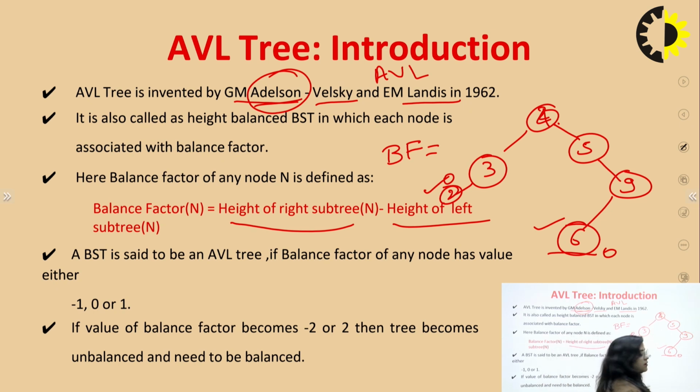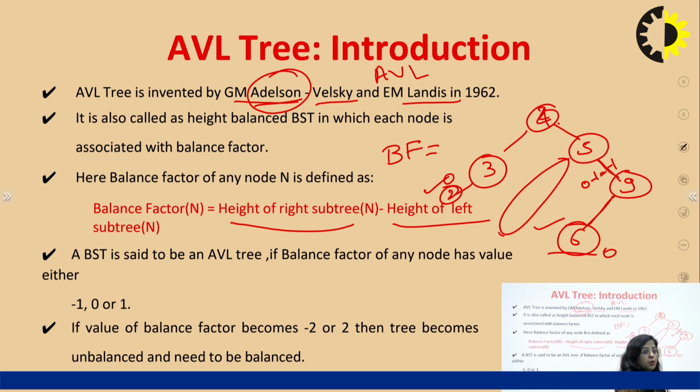Now comes 9. The height of the right subtree is 0, and the left is 1, so 0 minus 1 equals minus 1. So the balance factor of 9 is minus 1. Now comes 5. Here the height of the right subtree is 2 and the left is 0, so 2 minus 0 is 2.